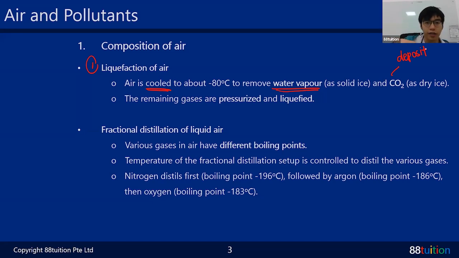Sublimation is solid to gas, and gas to solid is called deposition, so it will deposit. These two gases convert into a solid state, and then it's easy to remove them from this mixture. The remaining gases you are left with are your N2, your O2, your noble gases, etc., with carbon dioxide gone already.